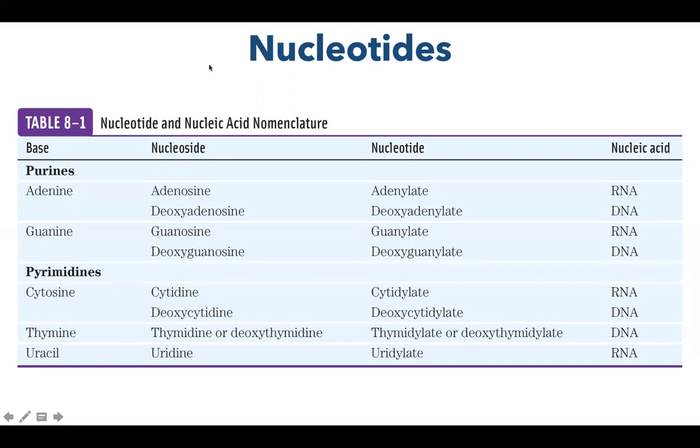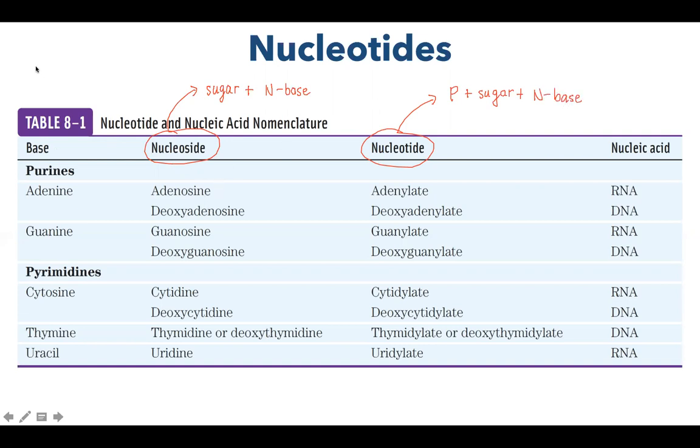Nucleoside, we only have the sugar plus the nitrogenous base. If it's a nucleotide, you have the phosphate group, at least one, plus the sugar, plus your nitrogenous base.